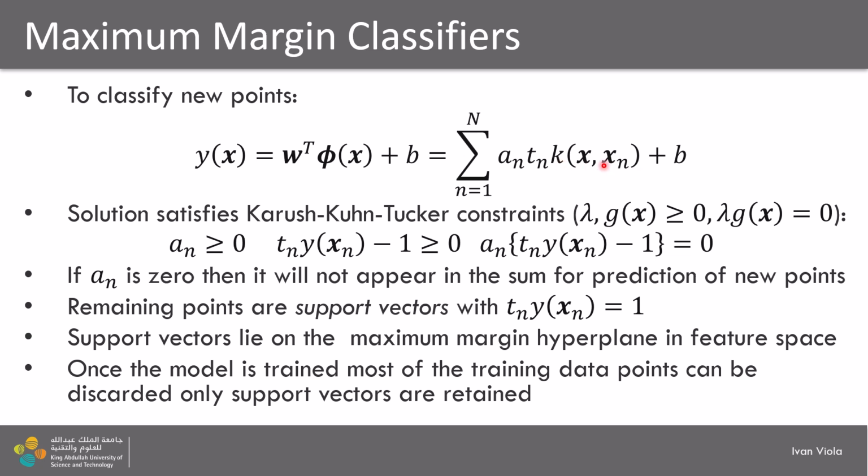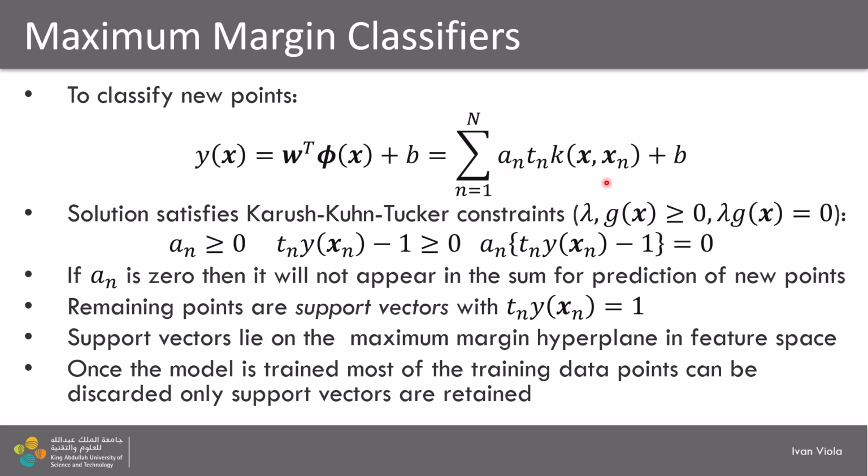That's why the support vector machine is a kernel method. Then we have also here plus b. We will soon see how we can calculate the bias, which has not been taken care of explicitly yet.